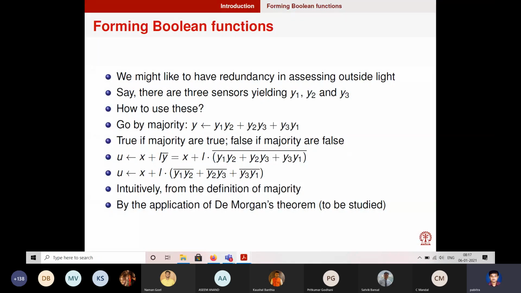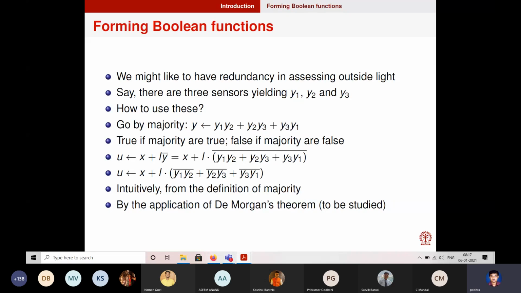So you directly cannot measure y, which is enough light outside, but instead you have three sensors, y1, y2, y3, which are photosensors, which will just give an output 1 if there is not enough light and 0 otherwise. And depending on maybe the placement of these sensors or their functioning capabilities, all of them might not give the same value, 1 or 0.